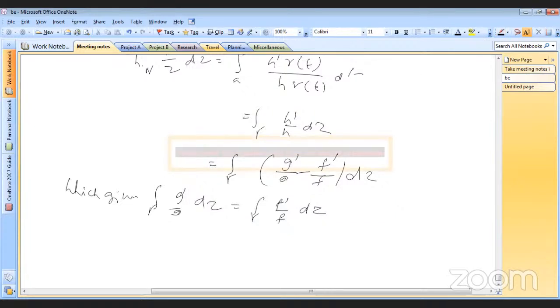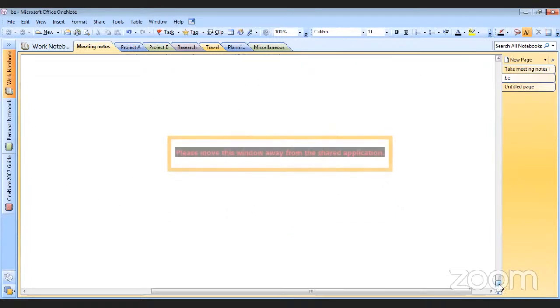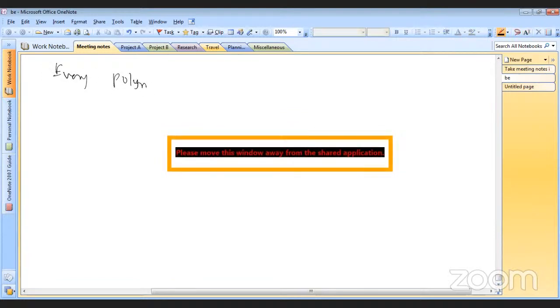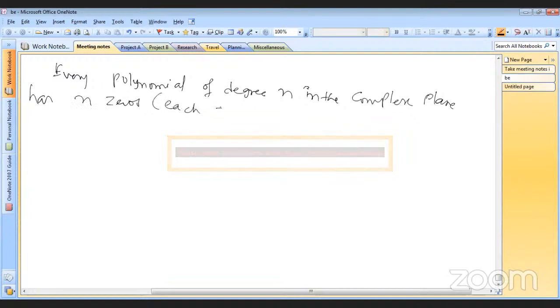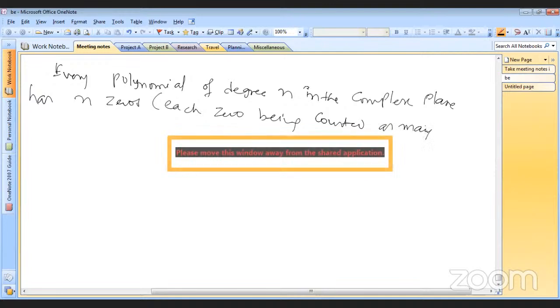Every polynomial of degree n in the complex plane has n zeros, each zero being counted as many times as its order.